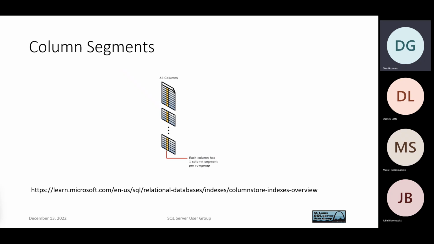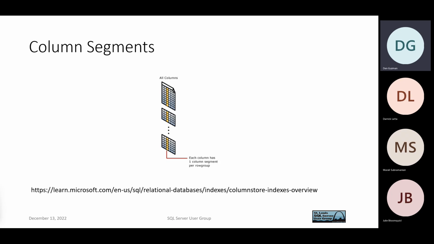So in this diagram here, that yellow highlighted, hopefully you can see that well. One of the columns is highlighted here, meaning that if I only select one column, select column A from table, and it's a clustered column store table, it would only need to touch that one column.